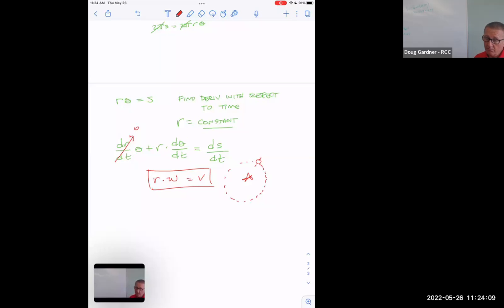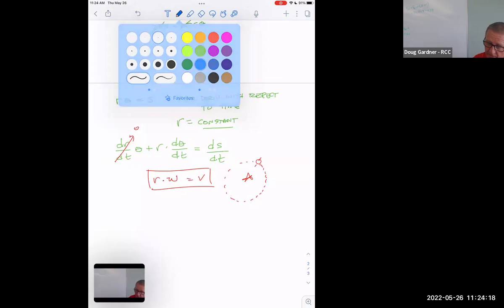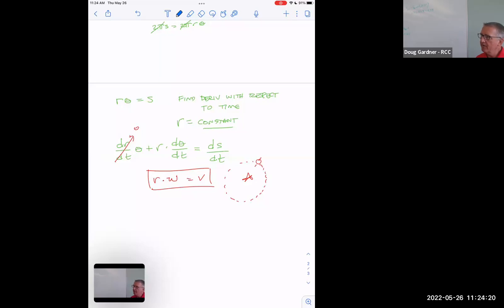Well, let's do that again. What if I take that same exact equation and go a little faster this time? Let's get that moving. Do you change your linear velocity and your angular velocity? Yeah, you might. Well, let's take the derivative again.